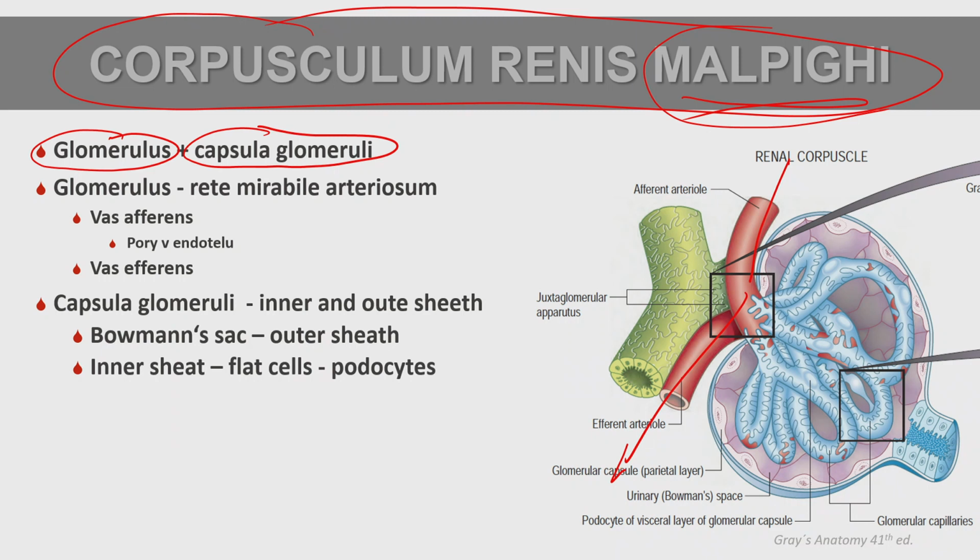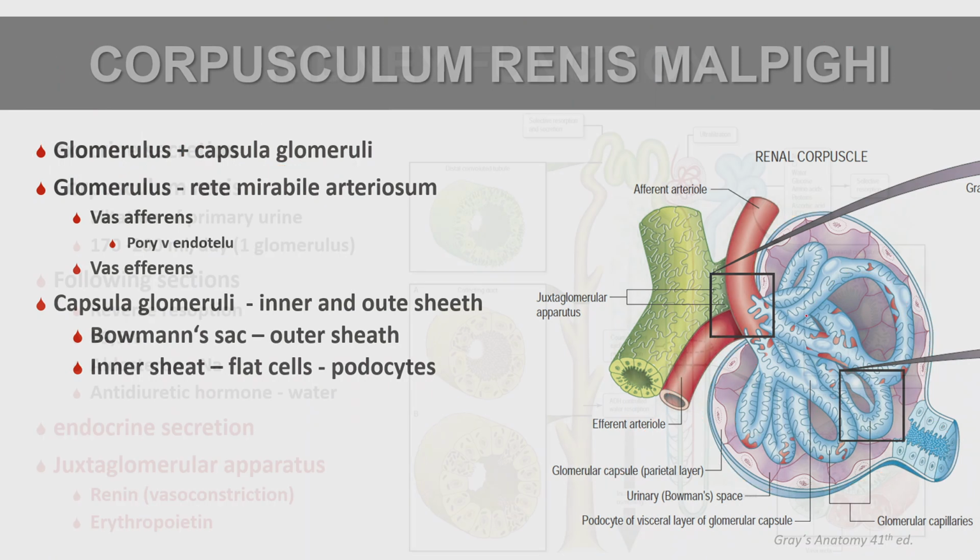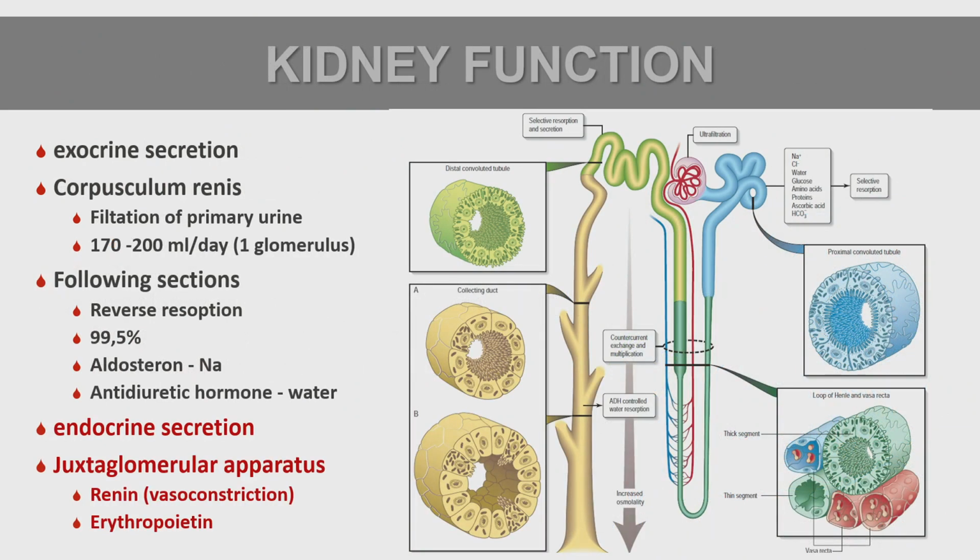The glomerular capsula has two sheets. One is outside, the Bowman sac, from which the proximal tubulus is then formed, and the inner sheet, which contains flat cells called podocytes, covering the rete mirabile. This is the major magic structure.